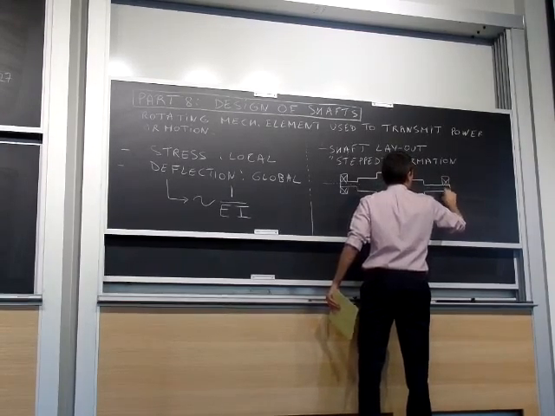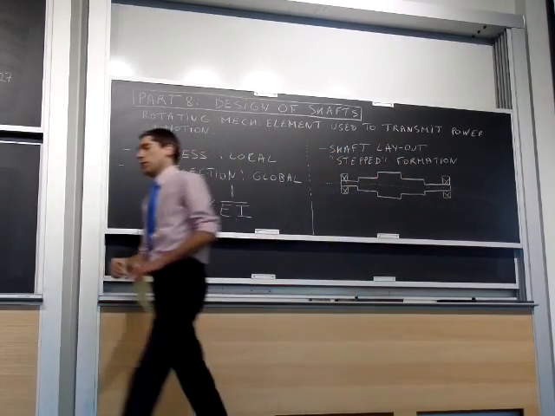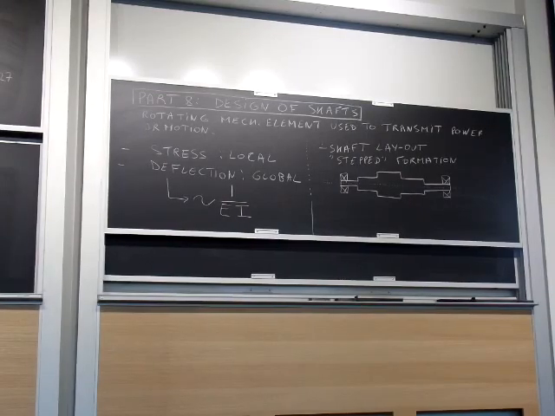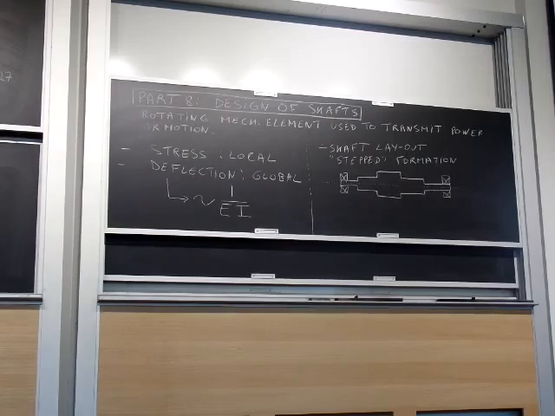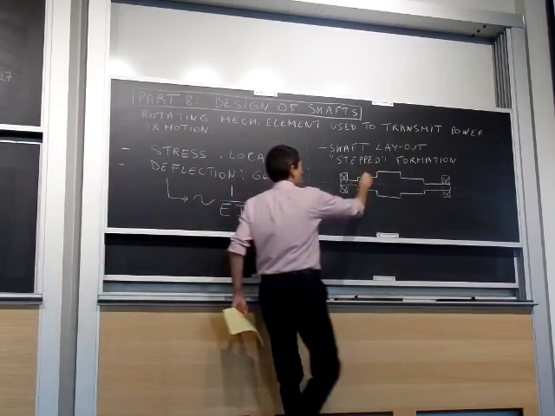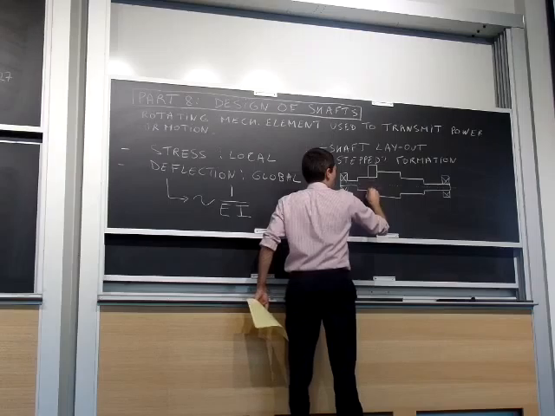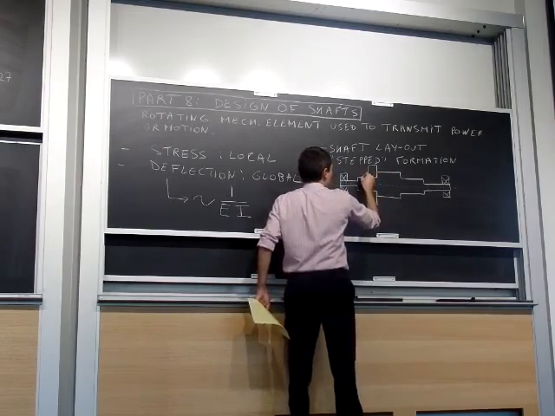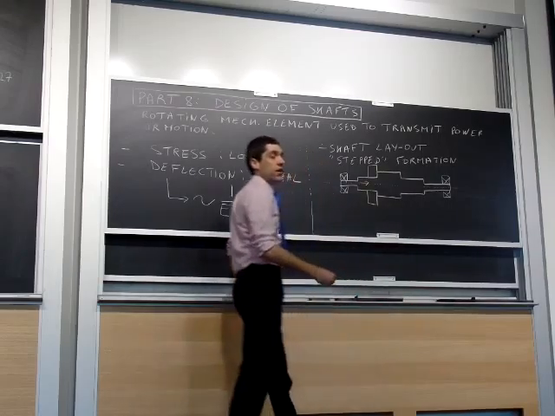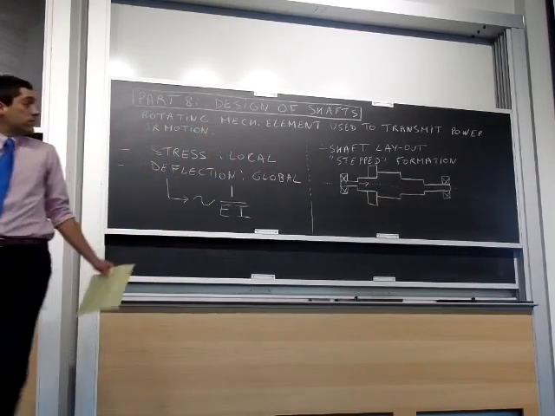But these stepped features are also oftentimes used to seat other mechanical elements. What if you need to have your shaft withstand an axial thrust load or something? Then you could have that element sit here, and this step, this collar essentially, is going to be able to resist an axial load because it's solid.